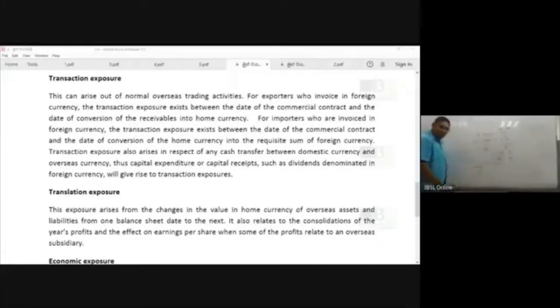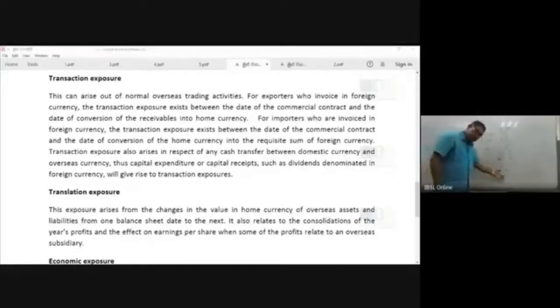Therefore, we need to have the highest bid and least offer, because there is a leading equation. When the bid is raised and the offer is lowered, the difference between these two widens. That's why I said to have the highest spread.